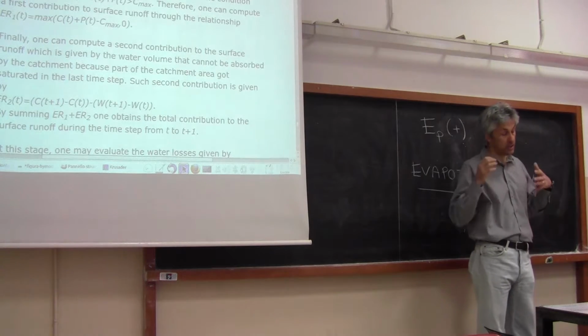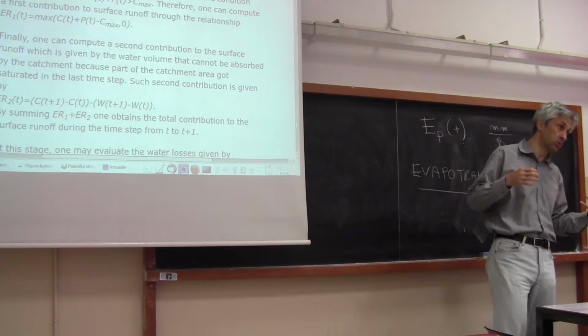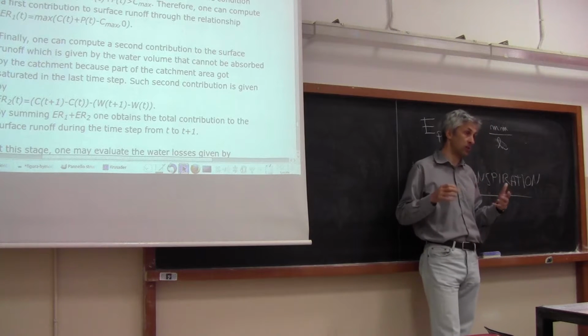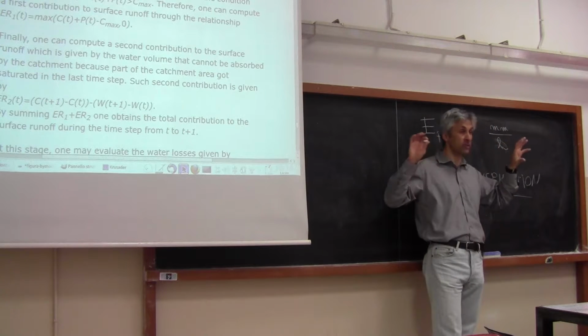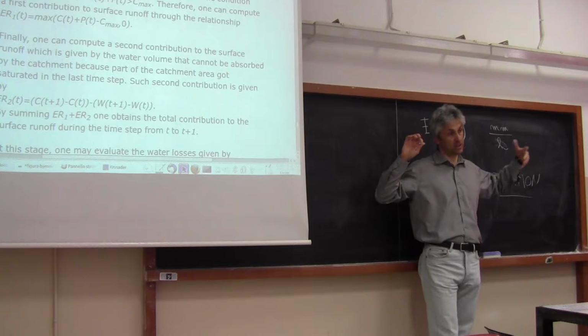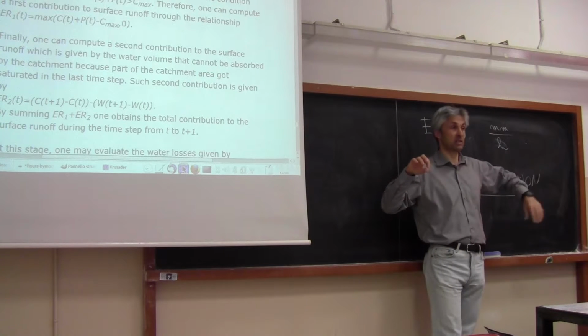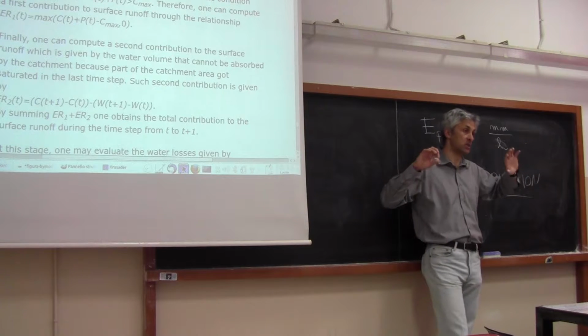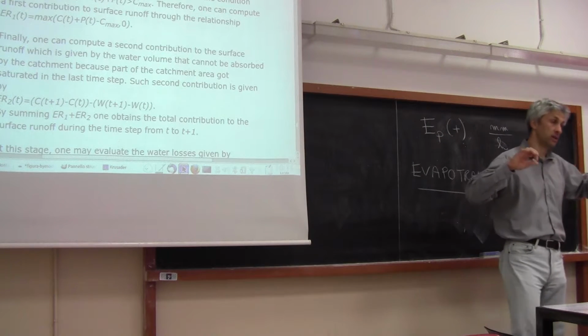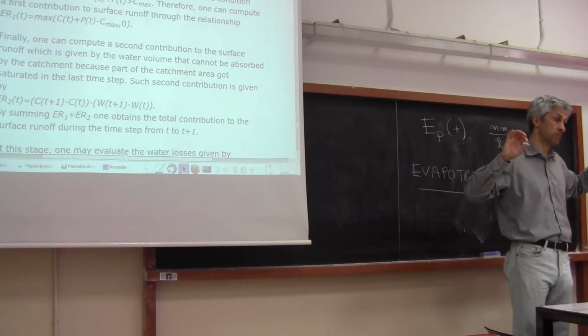So it's not really easy to set up an empirical formula that takes into account all of these factors. So the literature proposes several formulas. Some of them are very simple. They take just into account temperature, and that's it.